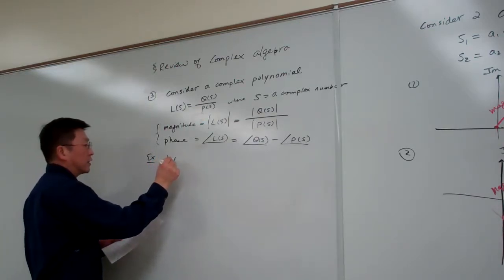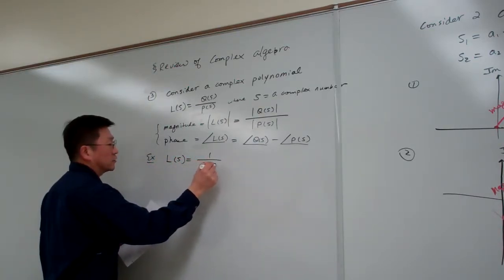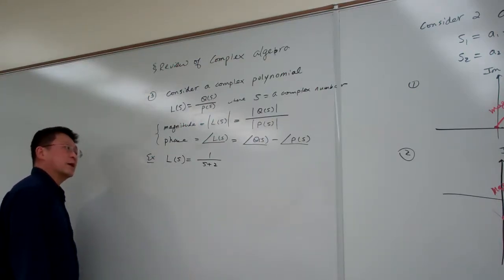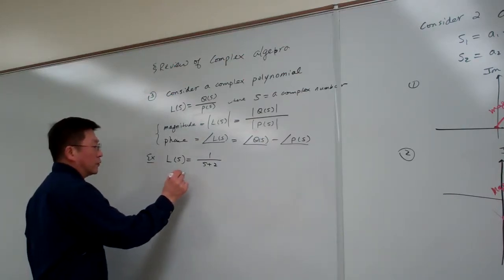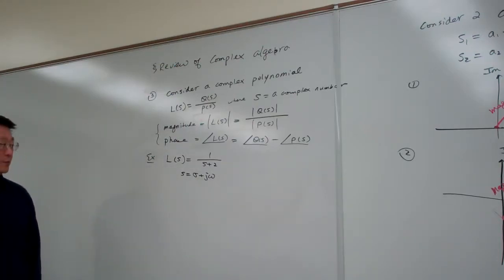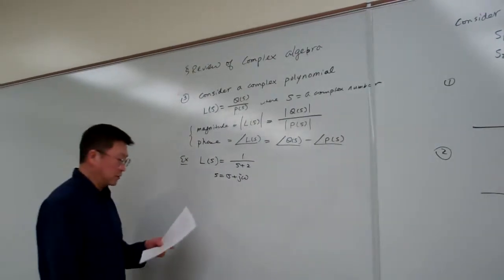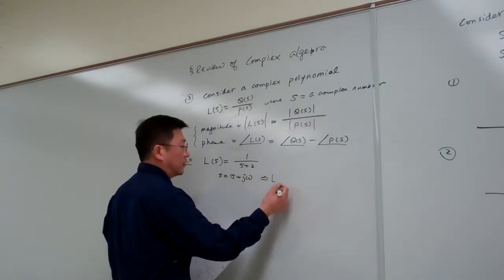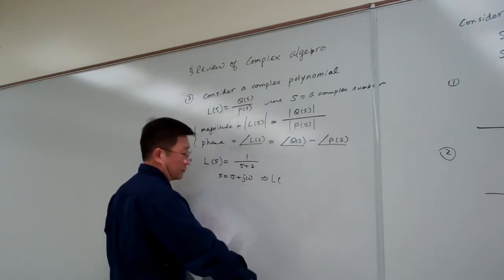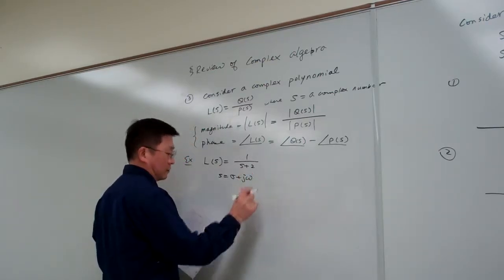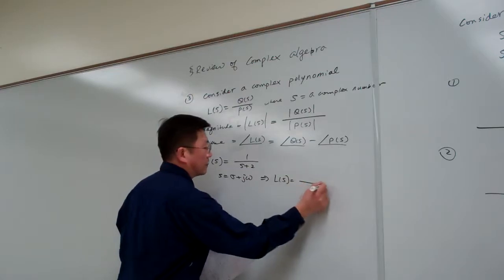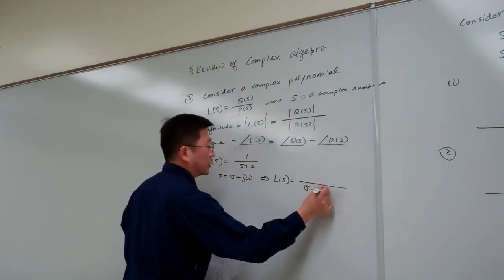For example, here L of S equals 1 over S plus 2. Say we put S equal to sigma plus J omega, the parametric expression. Then this function will be 1 over sigma plus J omega plus 2.